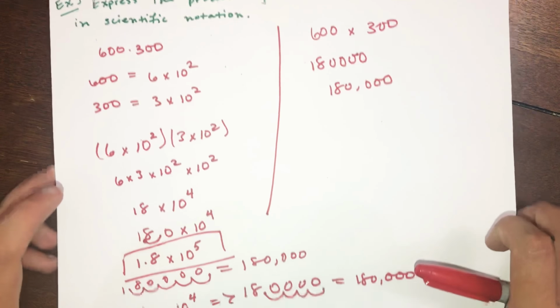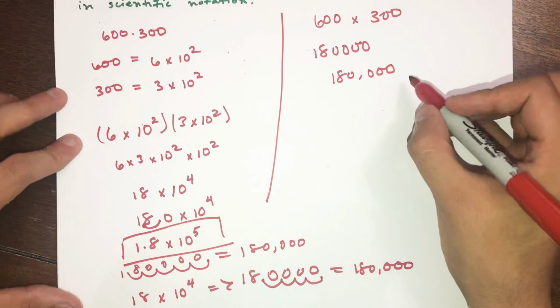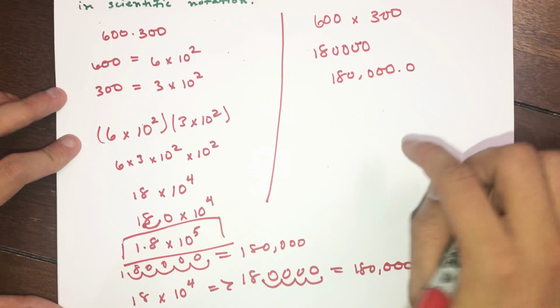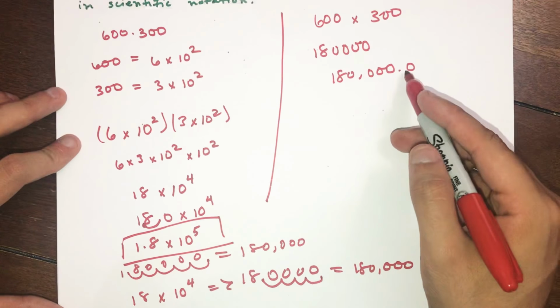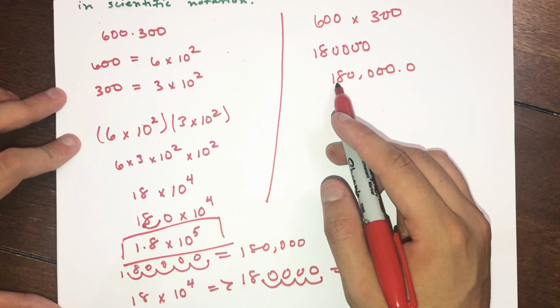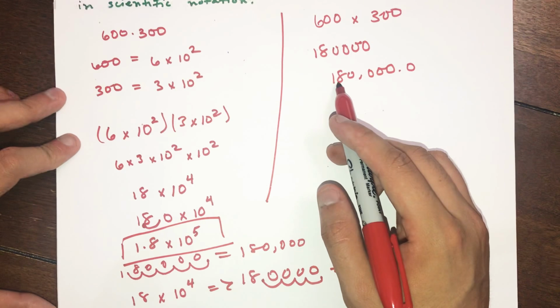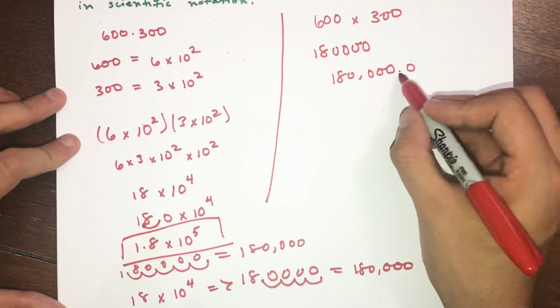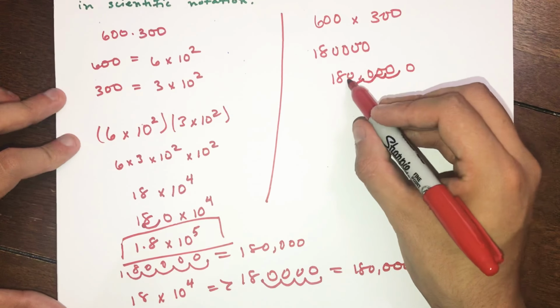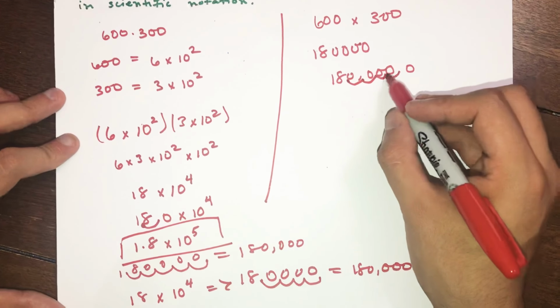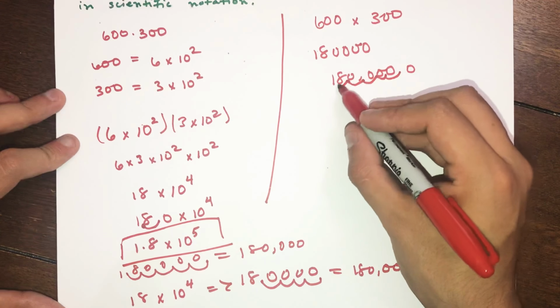So we want to go to scientific, which means we need to move the decimal point right in here between the 1 and the 8, because the number has to be in between 1 and 10. So we'll go 1, 2, 3, 4, 5.